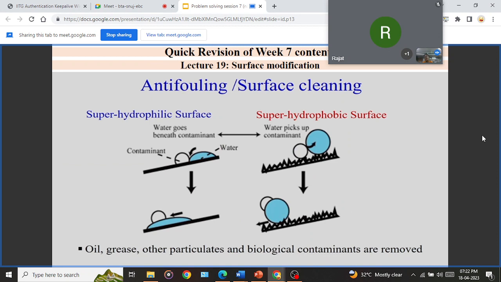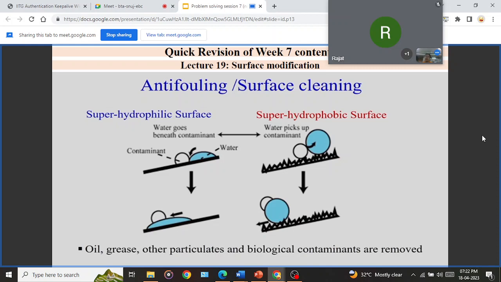Next, anti-fouling or surface cleaning. When bacteria grow over a biomaterial, it can lead to fouling, right? If we have a super hydrophilic surface and any contaminant is there, the water goes beneath the contaminant.